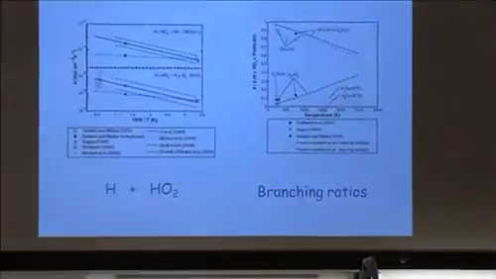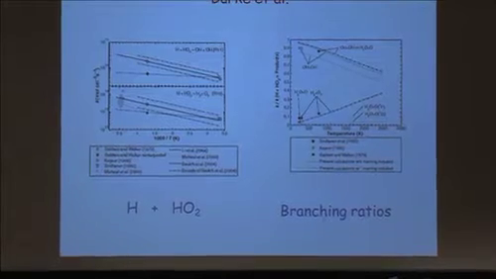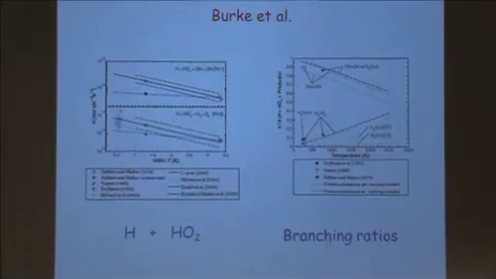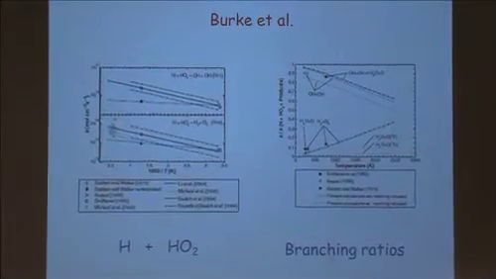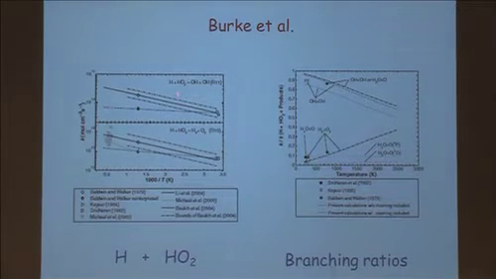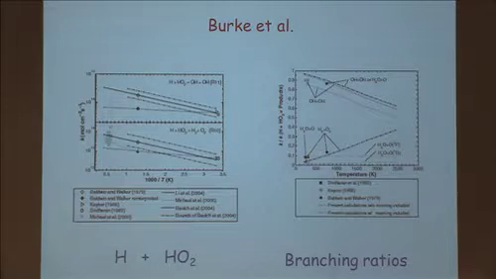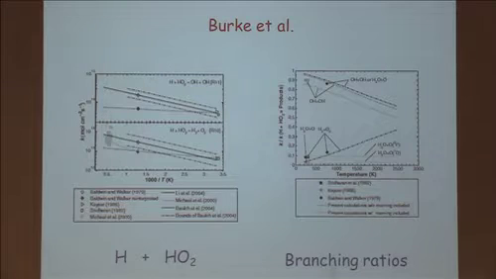Okay, this is this Burke et al. paper. I gave you a reference to it earlier on. And these are examples of these reactions, H plus HO2. And H plus HO2 is a very, very important reaction because it's leading to a competition between the reaction of HO2 with itself and the reaction of HO2 with H here.